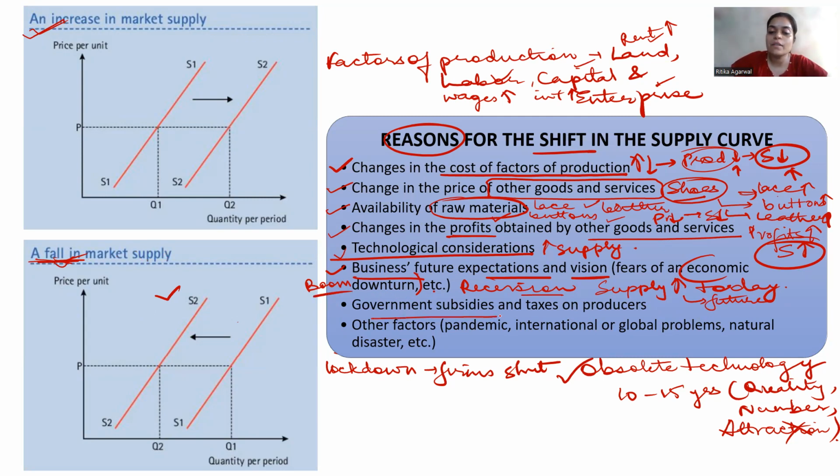Next we have is government subsidies and tax on producers. Subsidies are the monetary help that the government gives to the companies in order to reduce their cost of production and help them produce goods and services in the economy.